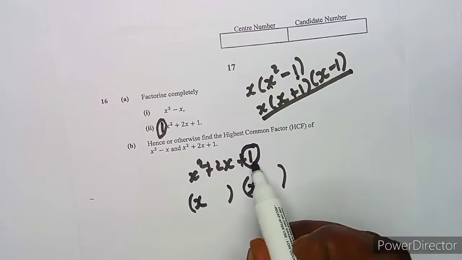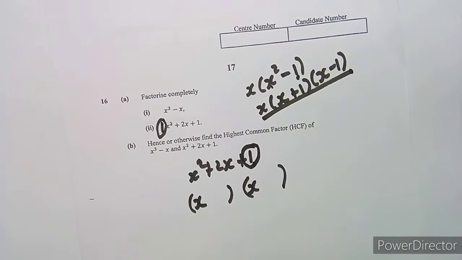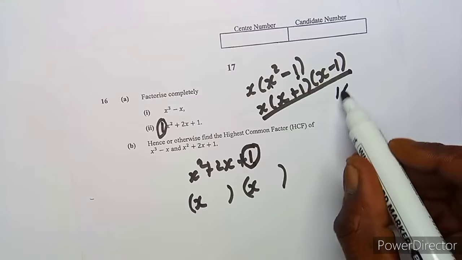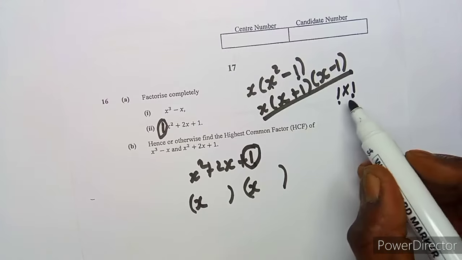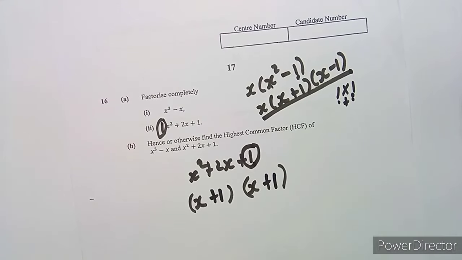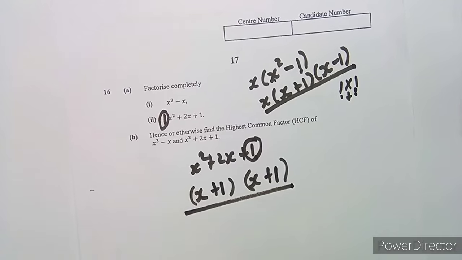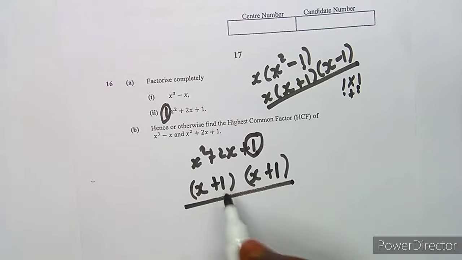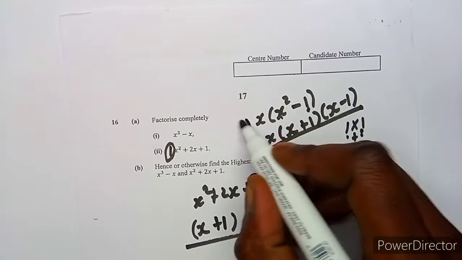What are the factors of 1 that you can add to give you 2? Definitely you've got 1 and 1. 1 times 1 is 1, 1 plus 1 is 2. So we have x plus 1, x plus 1. Or you can write this as x plus 1 to the exponent of 2. All right, so that's your item 1.